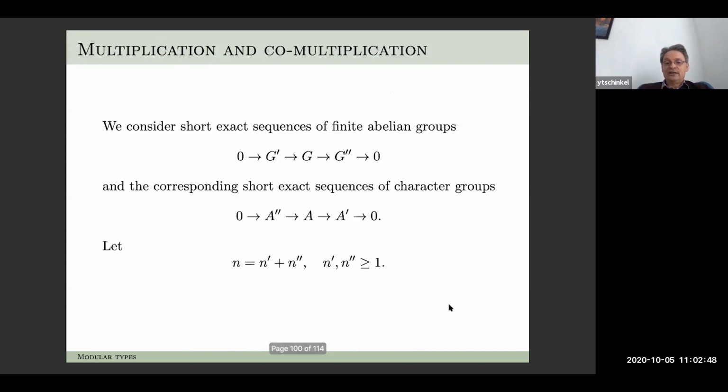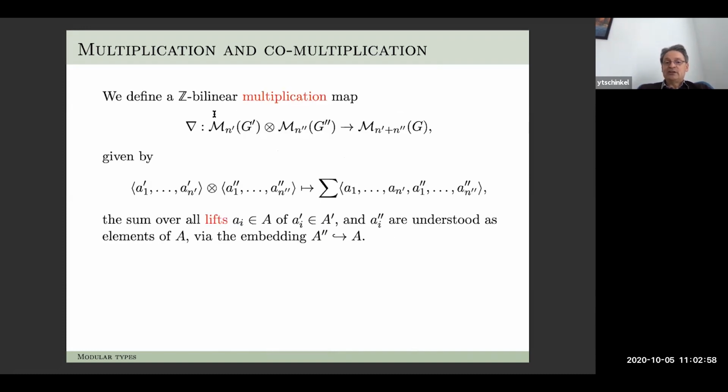To understand this propagation, let's look at the exact sequences of finite abelian groups, corresponding sequences of character groups. And then it turns out that there are multiplication maps from Mn prime, Mn2 prime, where you sum the dimensions. And the multiplication map on symbols is completely straightforward.